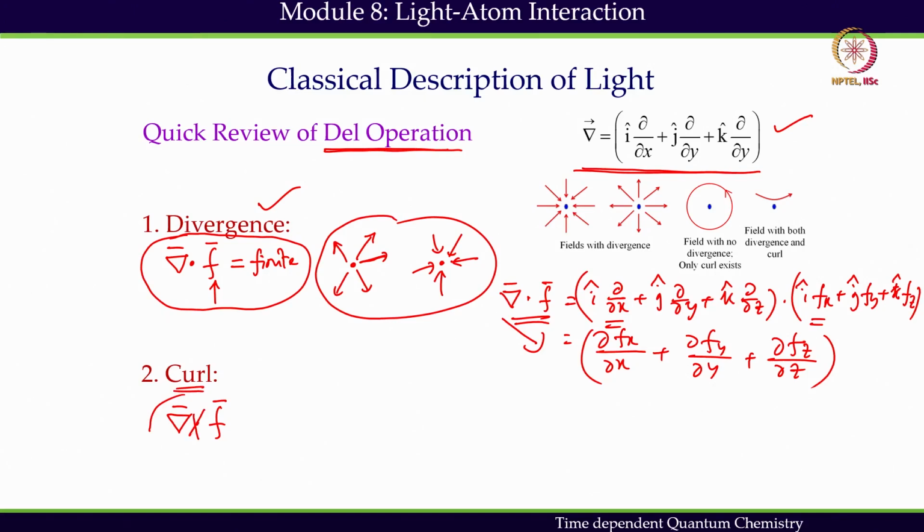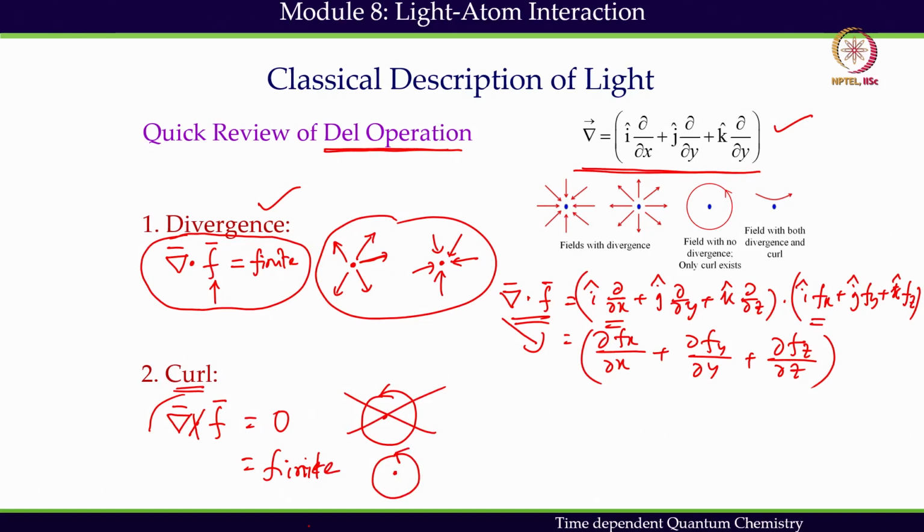And if the curl is 0, it means that the field is not rotating in nature. But if it is finite, if the curl exists, then the field is rotating in nature.